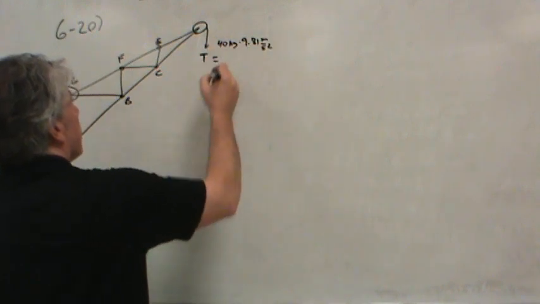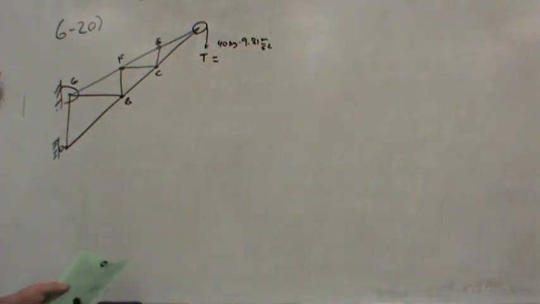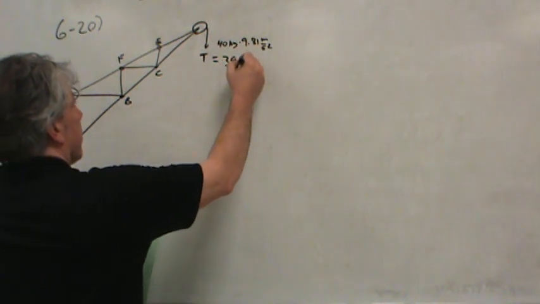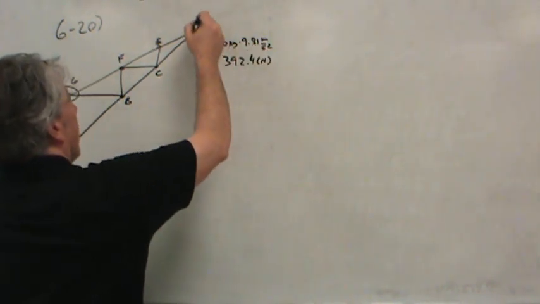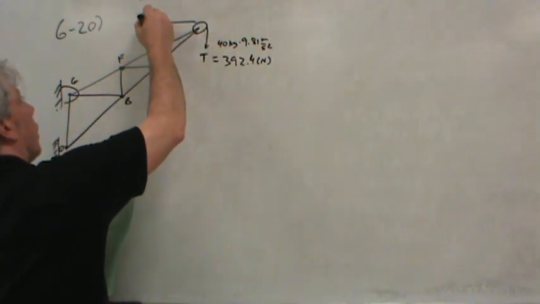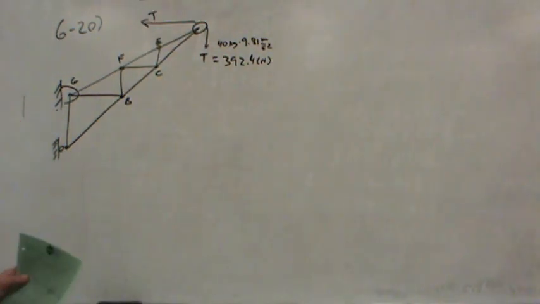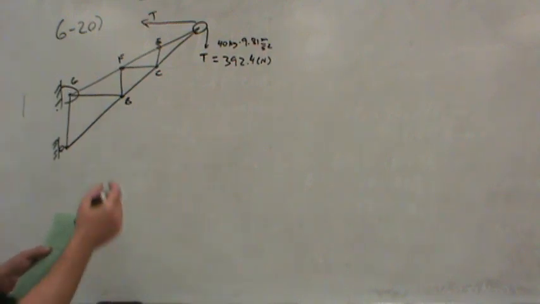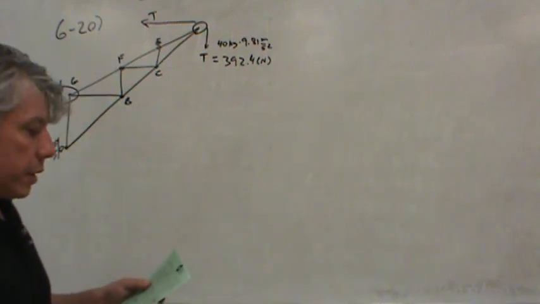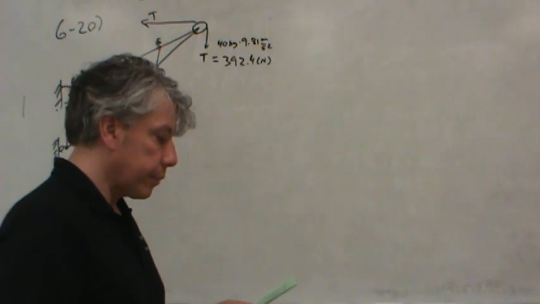So the tension in the rope then is 392.4 newtons. Now this rope is attached to the wall, so there's also a tension of the same amount going back to the wall. We don't care about forces on the wall, what we care about are forces on the truss. So we can simply leave it this way.